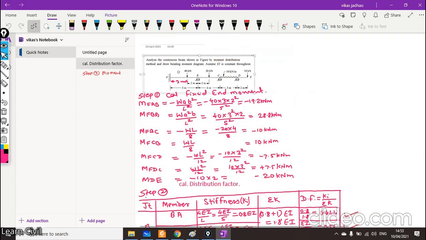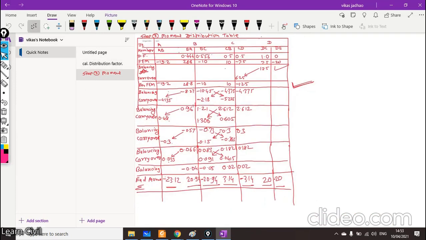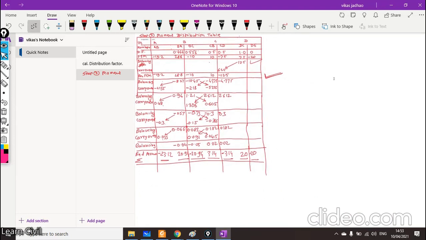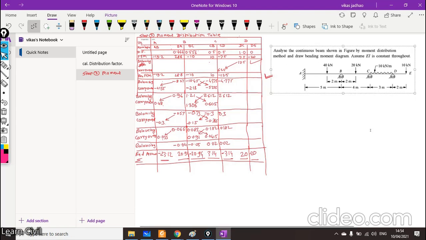I'll copy this here. We will be drawing the bending moment diagram below the beam itself. Okay, for drawing the bending moment diagram, draw the reference line.